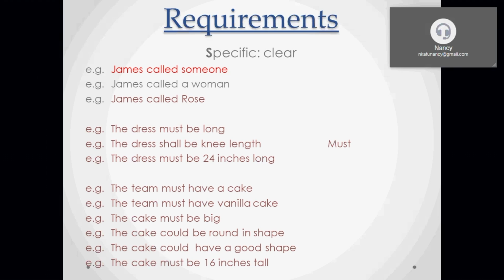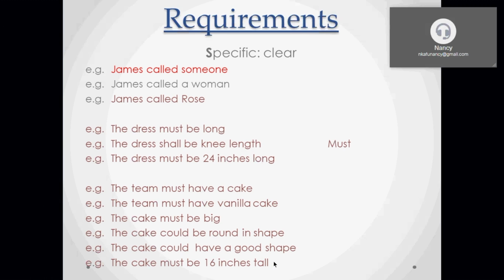So the next one is the cake must be big. The cake could be round in shape. The cake could have a big shape. The cake must be 16 inches tall. If you look at the cake must be big and the cake must be 16 inches tall, you could see that it's different.